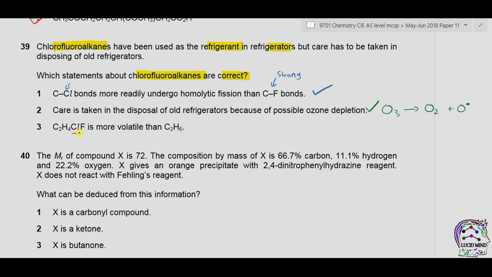As we can see, we have 2 electronegative elements, so we have partial negative charges present in this molecule. While in carbon and hydrogen, the electronegativity difference is not much, so therefore this is non-polar. Non-polar molecules are more volatile as compared to polar molecules, so therefore 3 is wrong. As options 1 and 2 are correct, the answer is B.